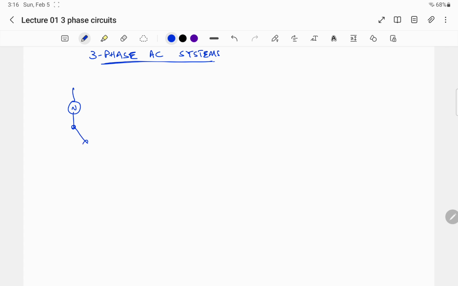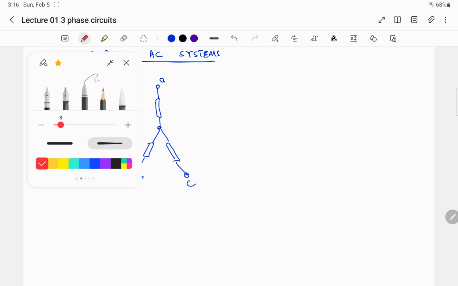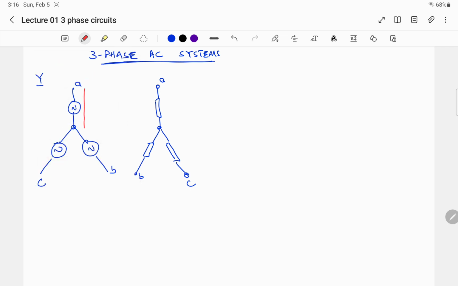There are two arrangements, basically known as delta and Y, and this is a Y configuration, and similarly the load can also be connected in Y configuration, and we can say this is A, B and C. The important terminologies that we should know: one is known as phase voltage, that is the voltage of one source.